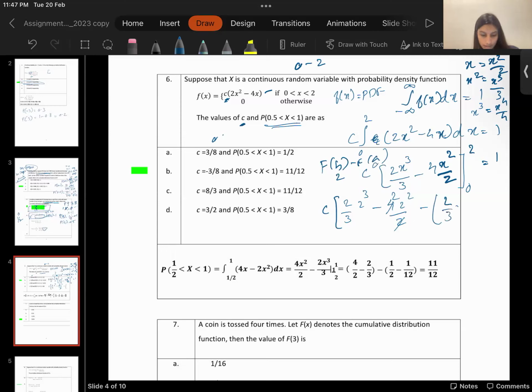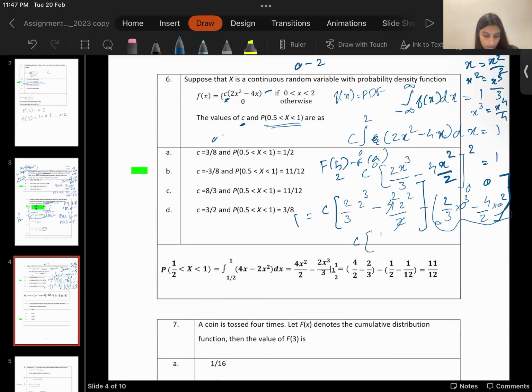So 2 by 3 into 0 cube minus 4 by 2 into 0 square. So this whole term is anyway 0, so this whole thing would be equal to 1. So you don't worry about this. It becomes 0. So just solving for this now, 2 cube is 8, 8 twos are 16.